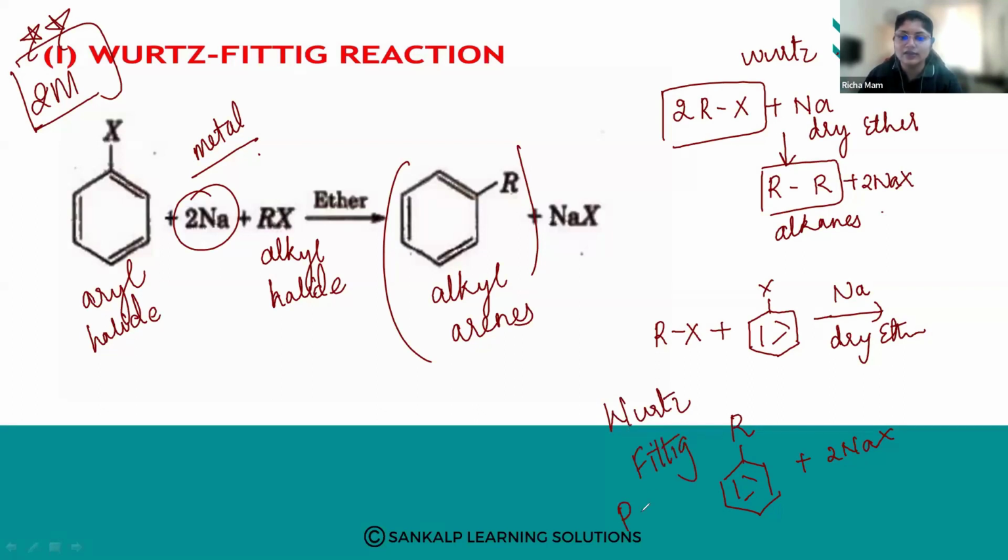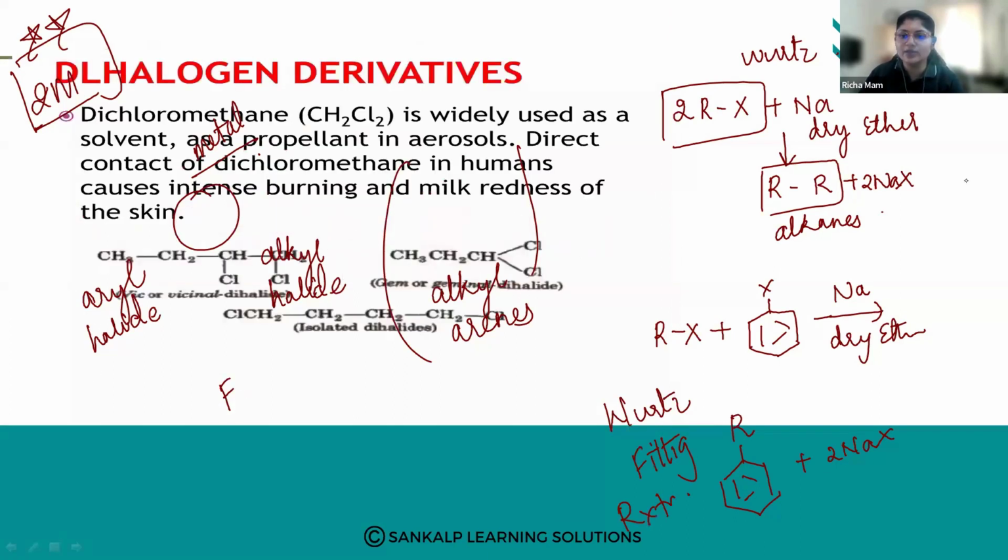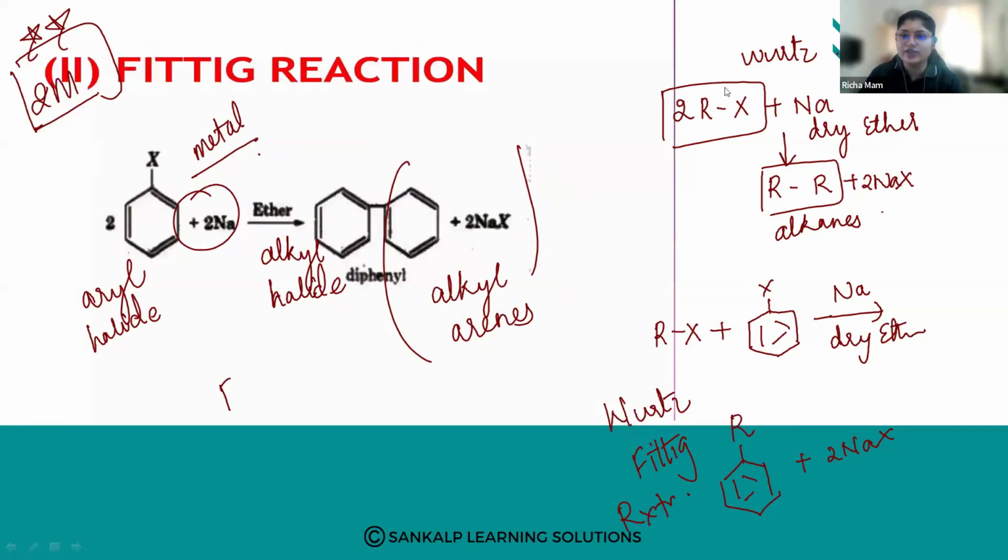Then one more, Fittig reaction. So what is Fittig reaction now? Let me summarize it here itself. In Fittig reaction, we are going to take two aryl halides.